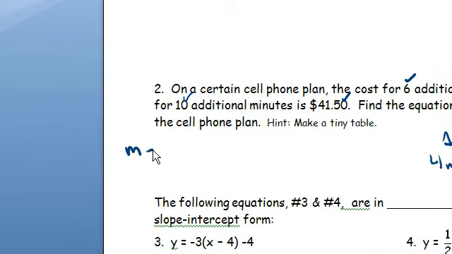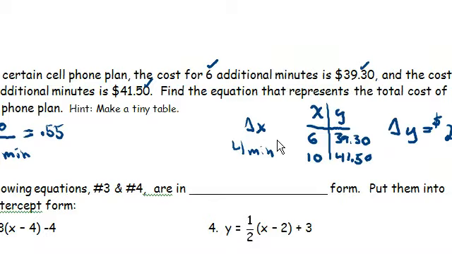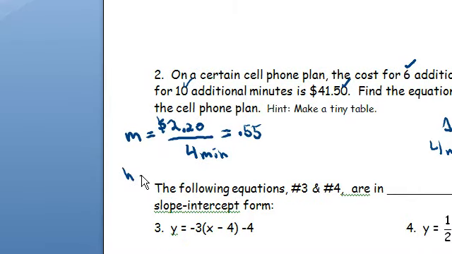So my slope is given by change in y over change in x. My change in y was 2.20. My change in x was 4 minutes. Therefore, my slope is 55 cents. For h, I'll go ahead and use one of those data points. H can be 6. If I choose 6 for my h, k has to be 39.30.